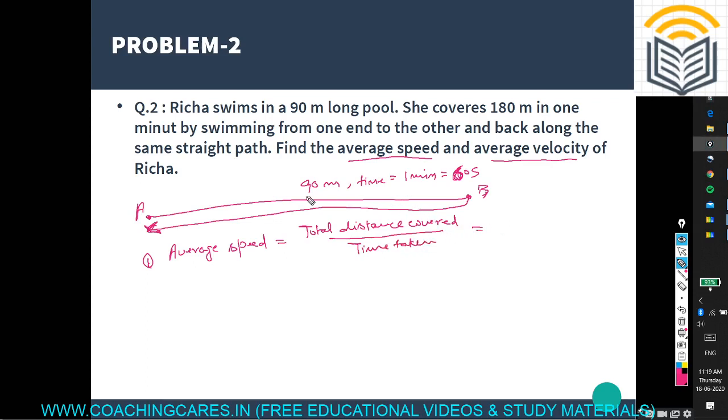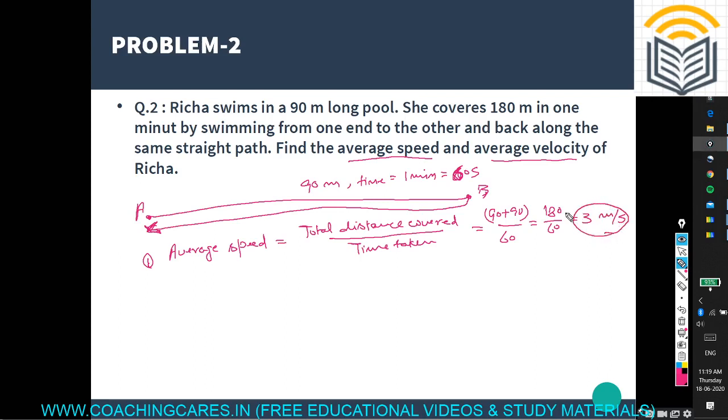The total distance is 90 meter plus 90 meter, so this is 90 plus 90. Time taken is 1 minute, which is 60 seconds, so 180 divided by 60. So this is 3 meter per second. This is the average speed.